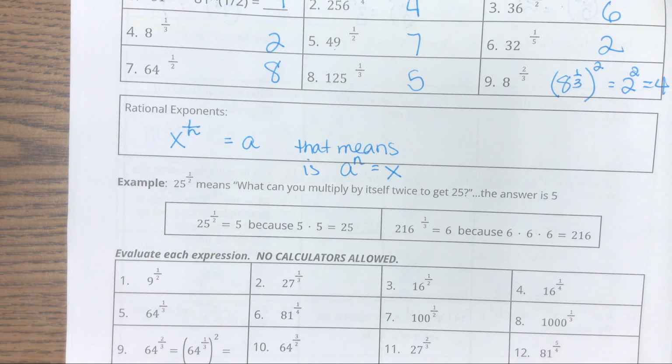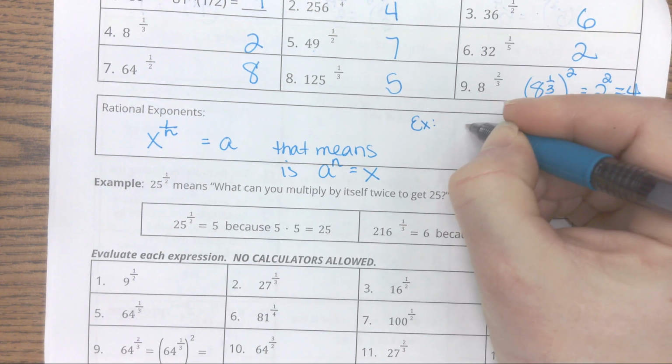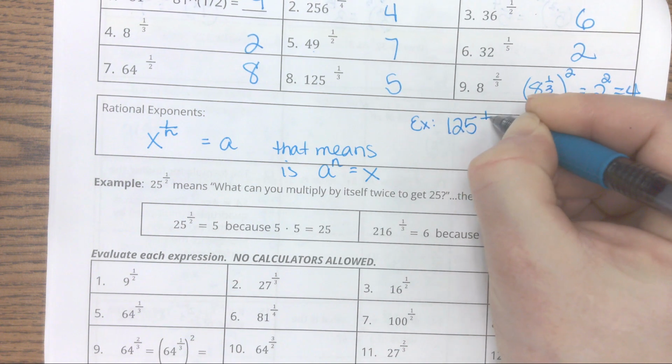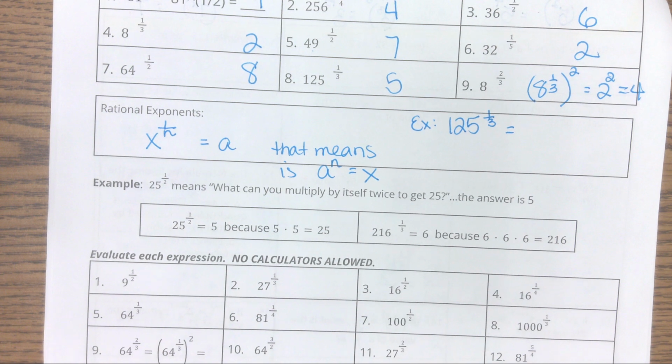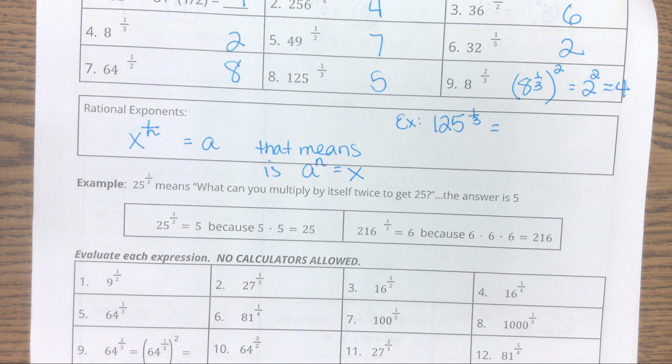Maybe it would make more sense if I had a number example, huh? My example is 125 to the 1/3 equals, you tell me, what does that equal? 5.